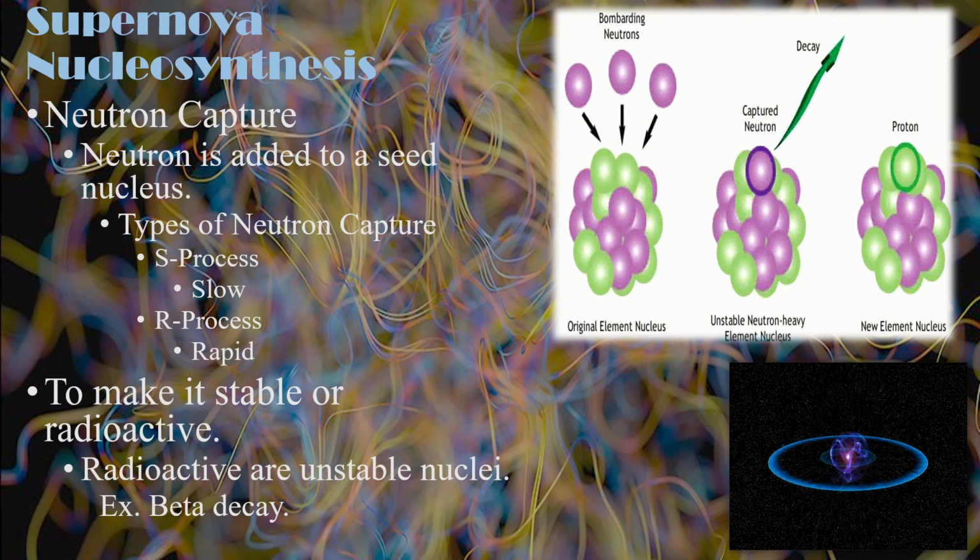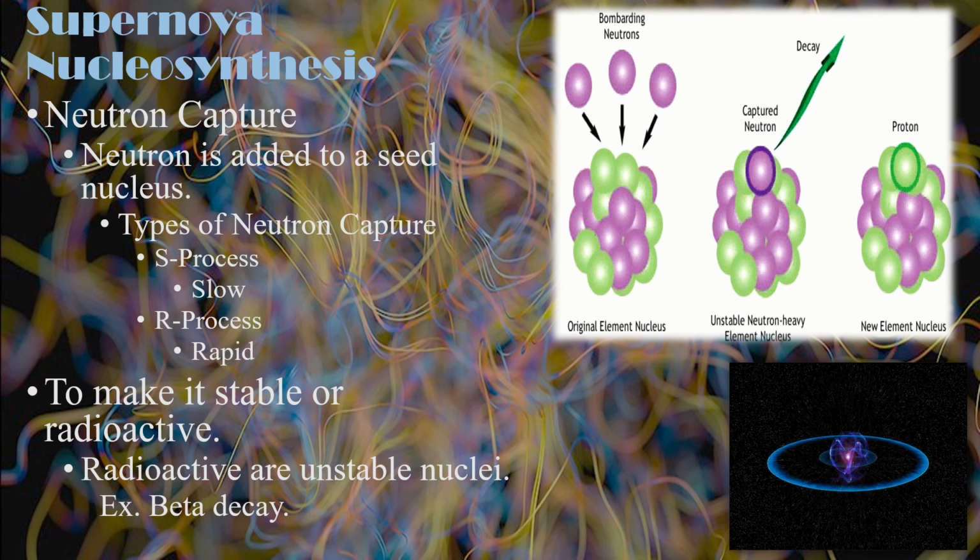When we say slow process, neutron capture is where the addition of a neutron occurs after the release of the beta decay. While the rapid process captures neutrons before the beta decay is released. So that is the difference between these two.